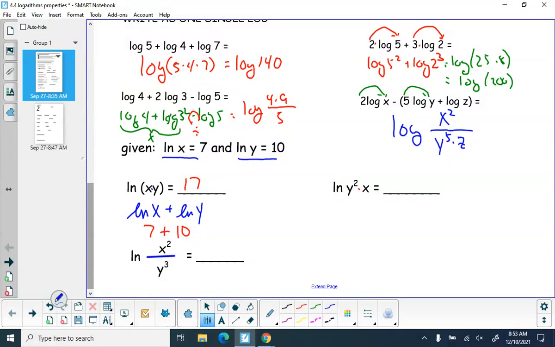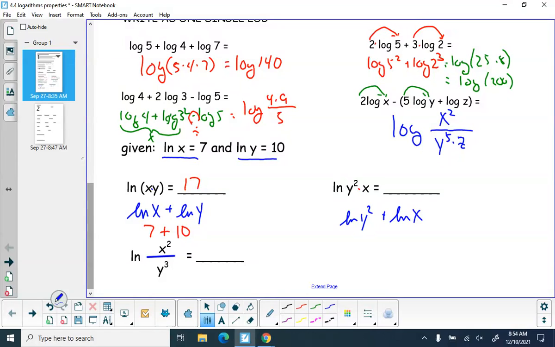Todd, breaking these apart, what do they break apart into? ln of y squared plus the ln of x. Now we have the y squared. We have an exponent of 2. What do our properties allow us to do with that 2? Put it in front.